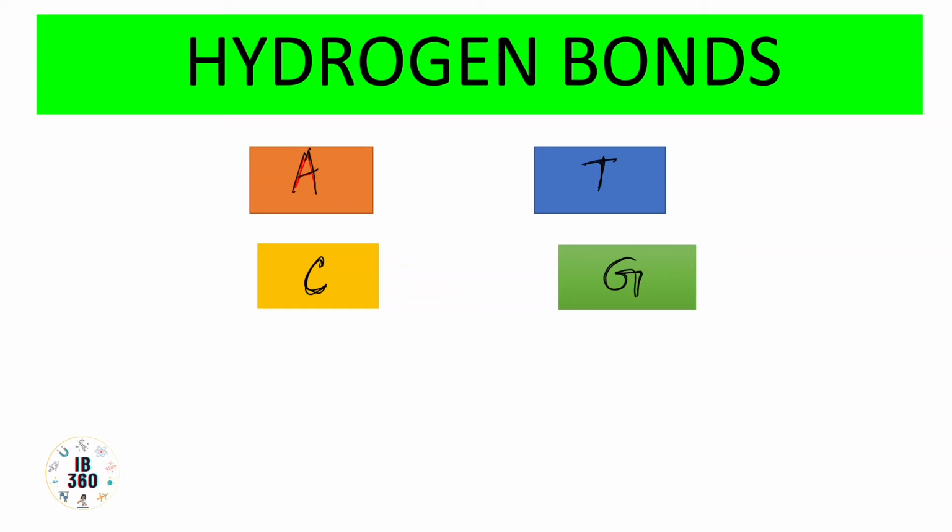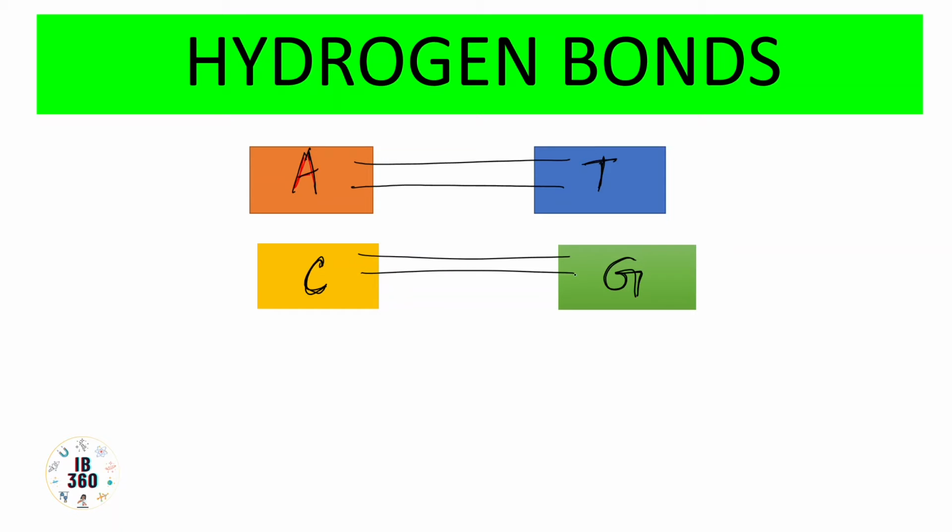So it will always be AT and GC, and never AG or CT. This will never happen. Adenine with thymine will establish the bond via 2 hydrogen bonds, and cytosine with guanine will establish 3 hydrogen bonds, or vice versa.